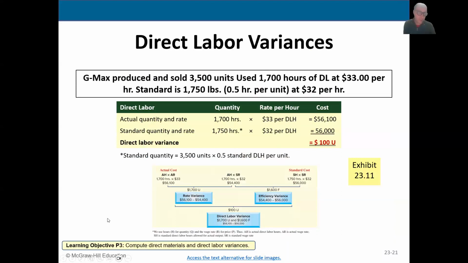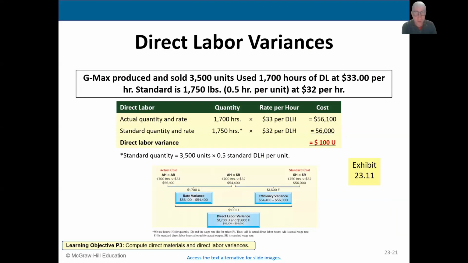Direct labor works very, very similarly. Here we have similar information. Remember, we produced and sold 3,500 baseball bats. We ended up using 1,700 labor hours to produce these. We paid our employees $33 per hour.